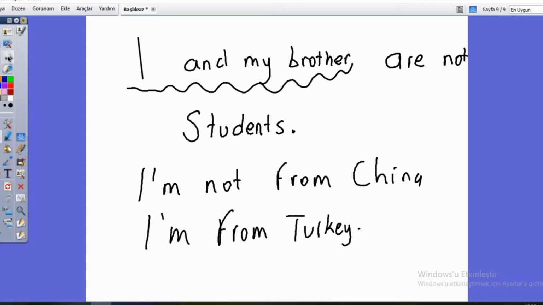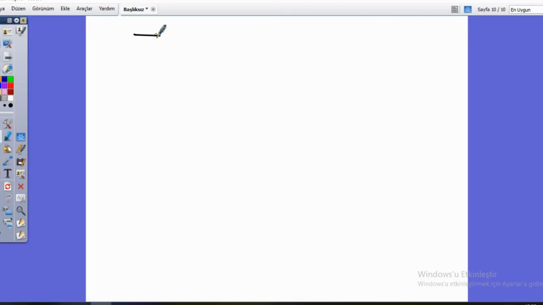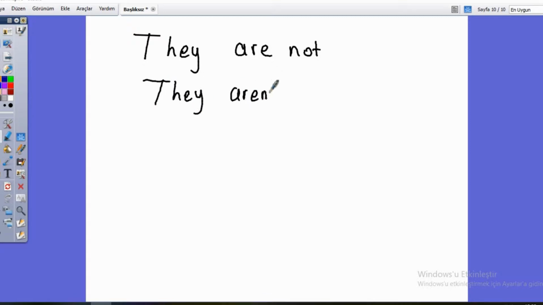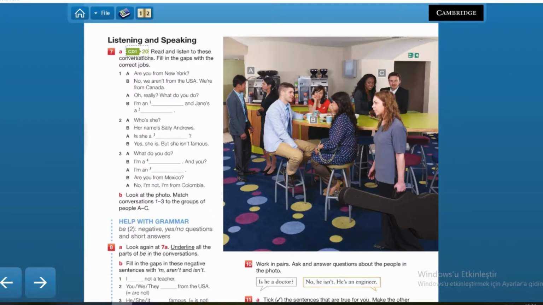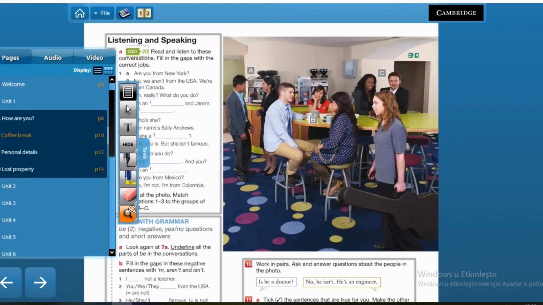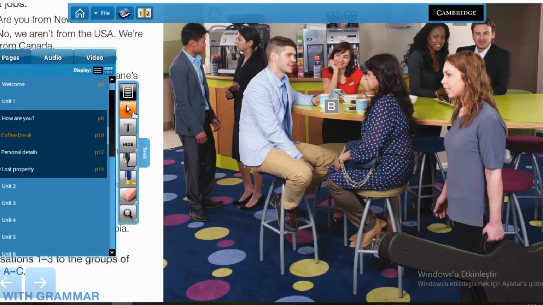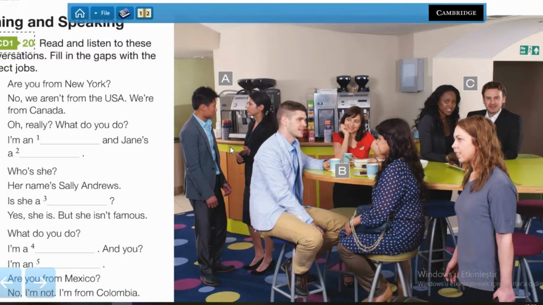With plural forms again, they are not, or we can say they aren't from Turkey. Let's say they are from China. Look at these people in the picture. He's from Turkey? Not really. He isn't from Turkey.